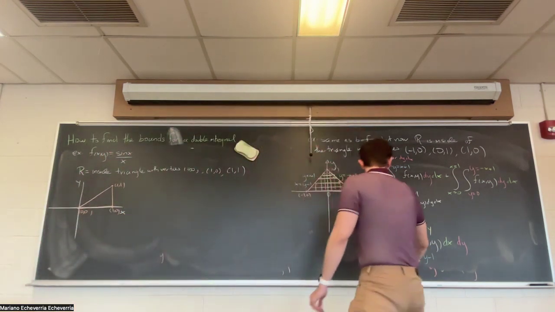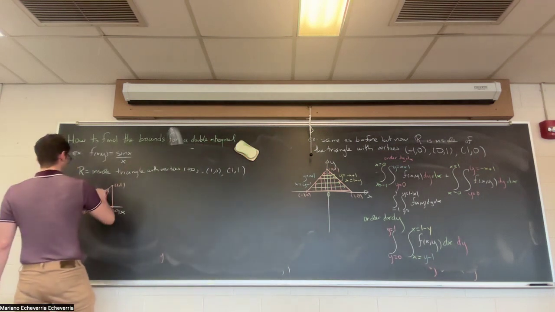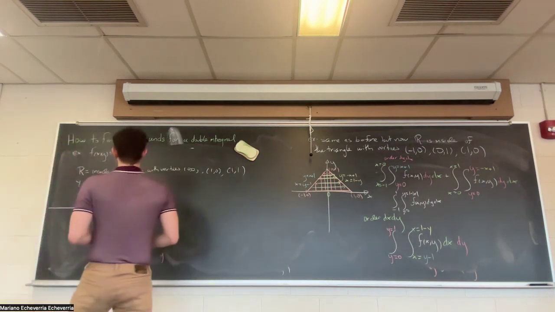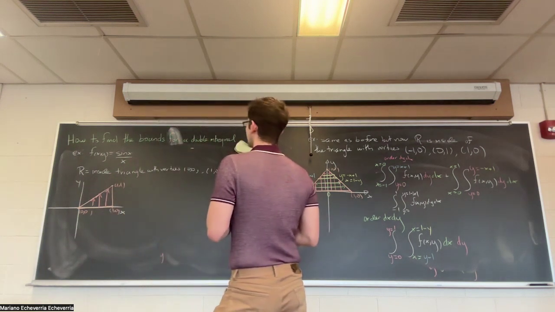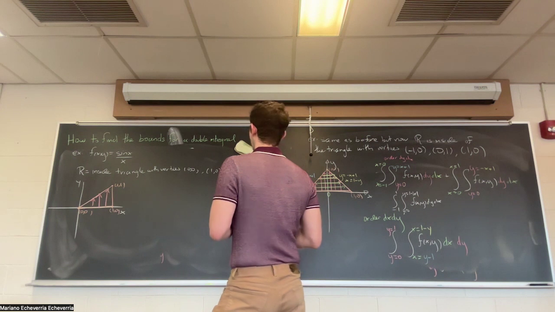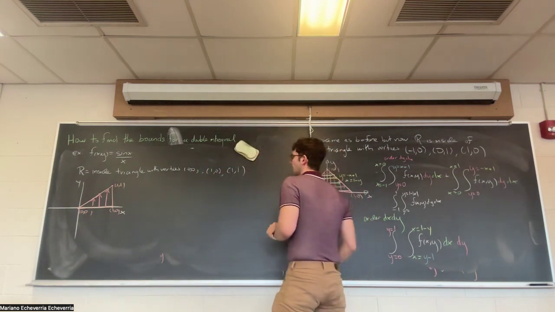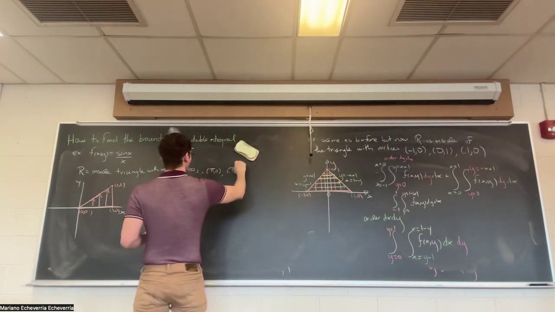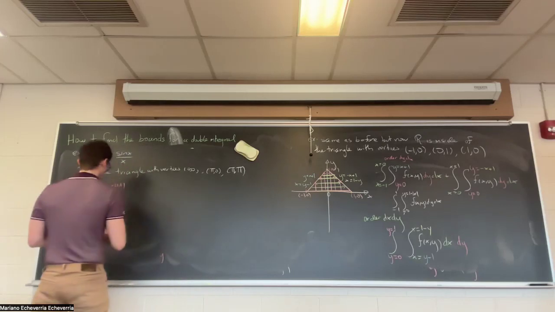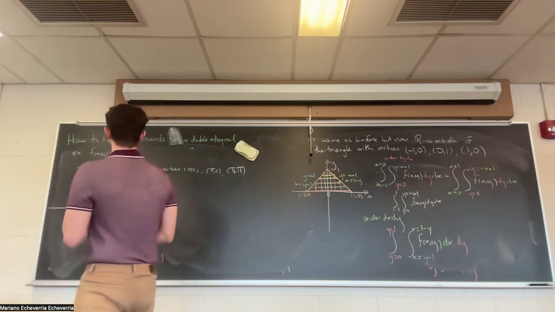So if you do this vertically, just to make the numbers nicer, let's call the vertices pi, 0, pi. That would make the bounds a bit nicer to integrate, because it will be a trigonometric function.